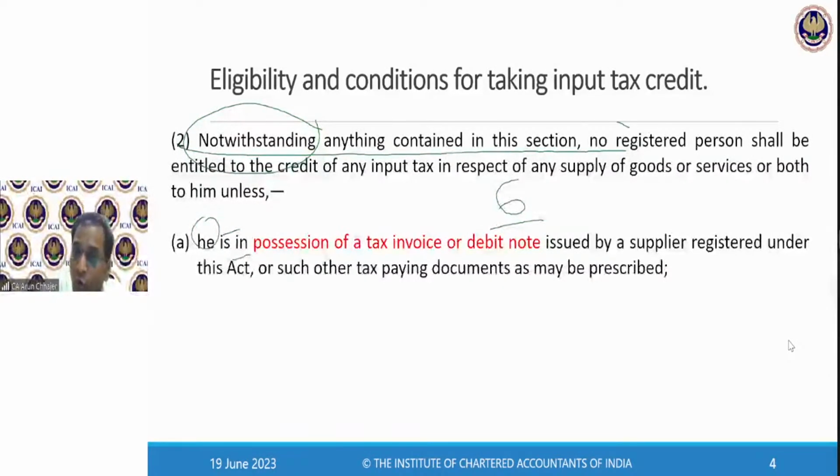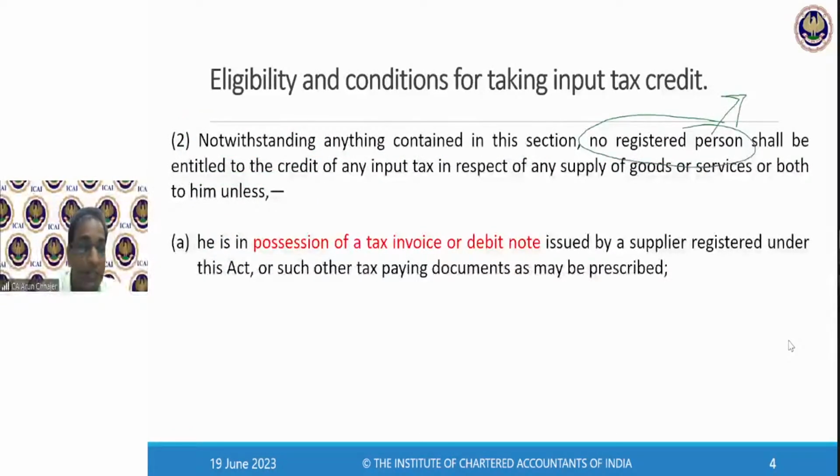It says that no registered person shall be entitled to take the ITC. So can you please tell me here the meaning of no registered person? Are they talking about the supplier or are they talking about the recipient? Please confirm.